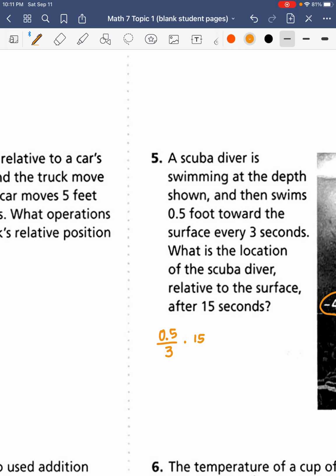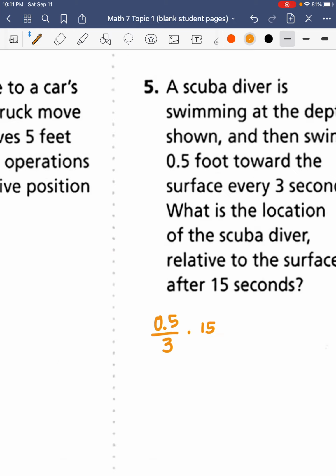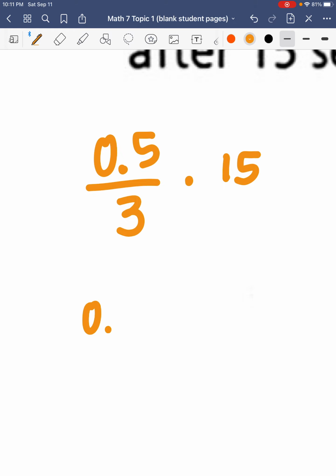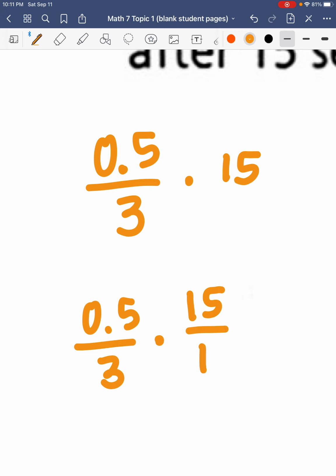So let's rewrite this so I've got 2 fractions multiplied together. So 0.5 over 3 times 15 over 1. Well, can I reduce anything? Yes. So 3 and 15 have a common factor of 3. 3 goes into 3 1 time. 3 goes into 15 5 times. So now I can just multiply 0.5 times 5.